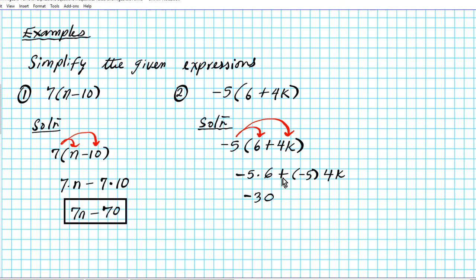Now plus times minus, the signs are different, so you're going to have minus 5 times 4, 20k. Alrighty. Now let's go ahead and write this in standard form. The term with the variable comes first, so we have negative 20k minus 30 as the simplified form of the given expression in number 2.